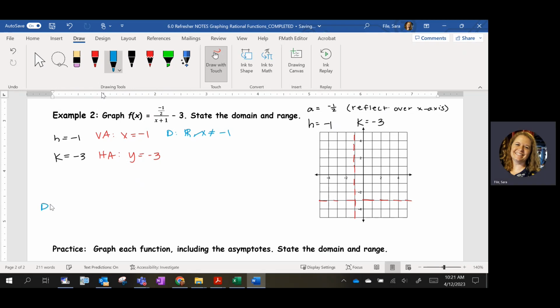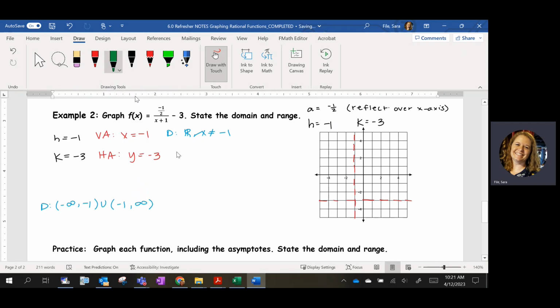Or what's the other way I could write that? -infinity to -1 union -1 to infinity. And notice we use parentheses there, not brackets, because that -1 value is not included in the domain.